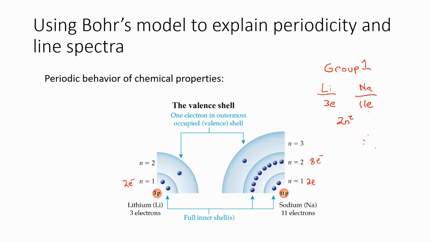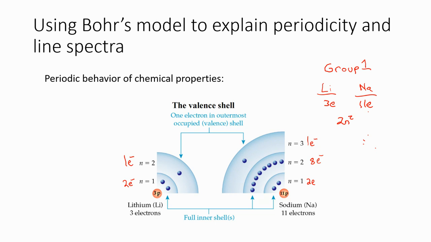They each have one leftover electron. And so in the outermost shell for sodium, we're going to put 1 electron, and that gets us to a total of 11 electrons. For the outer shell of lithium, we're also going to put 1 electron. That gets us to a total of 3 electrons.